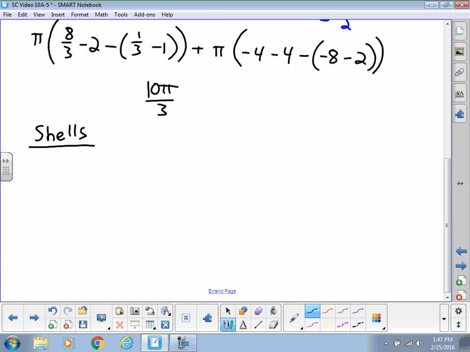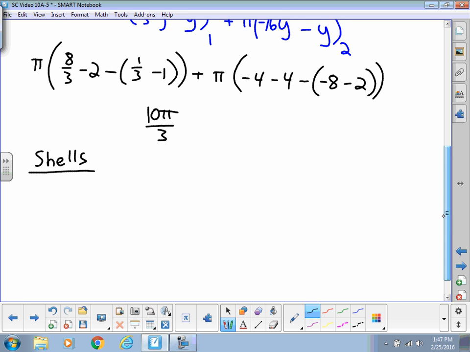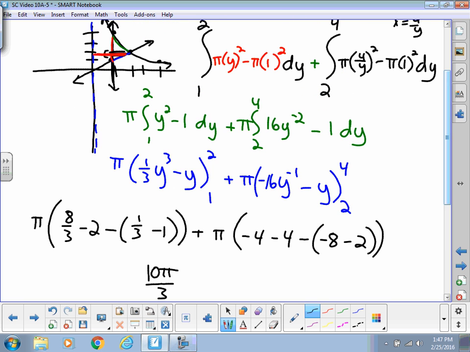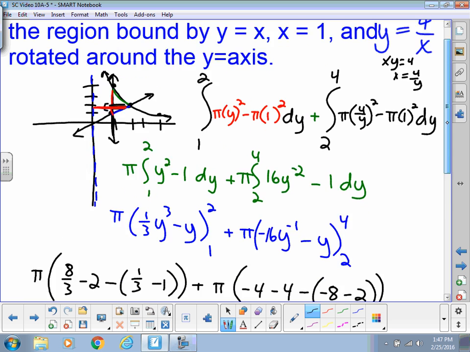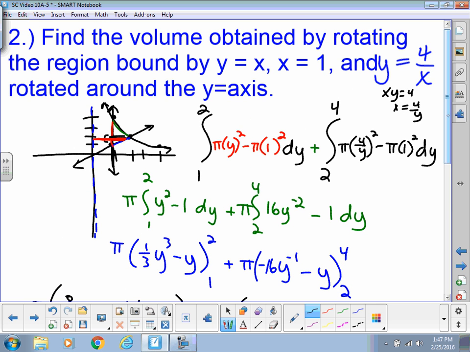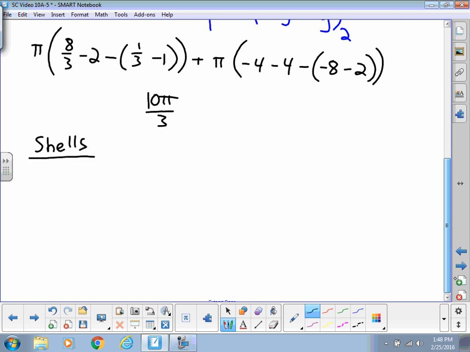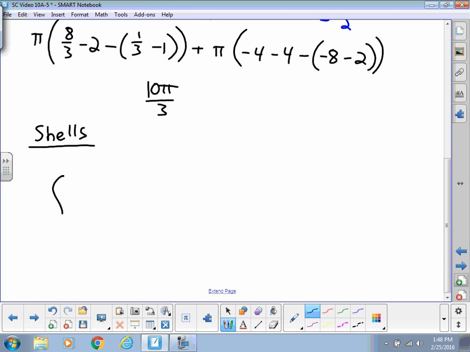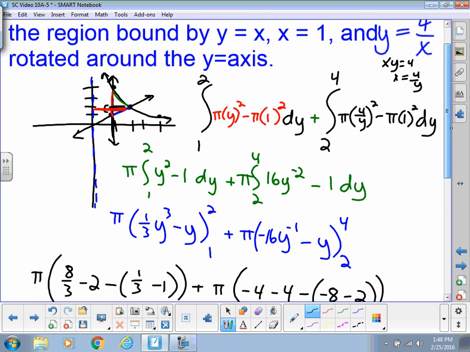We'll now do it by shells. For shells, we will draw in our slices parallel to what we're rotating around. So they'll be parallel to the y-axis, so the thickness will now be in the x direction. So we will be doing dx. Our x's of our region go from 1 to 2.